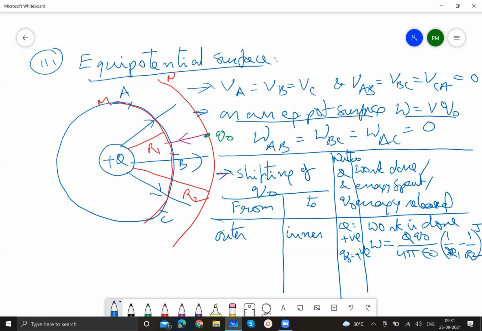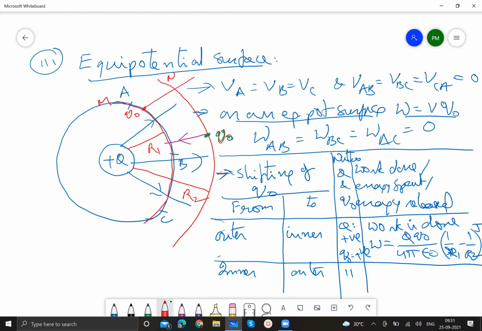Next, inner to outer. Same, both are positive charges. Then, because the repulsion will automatically push this positive charge, so here is the test charge initially.